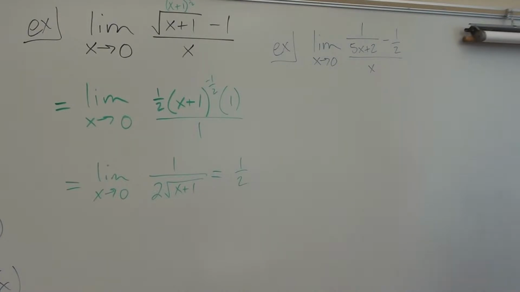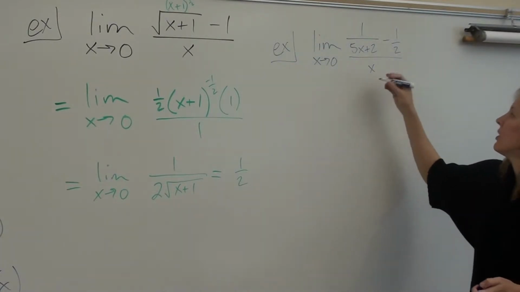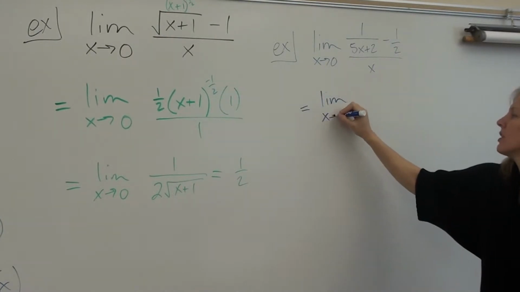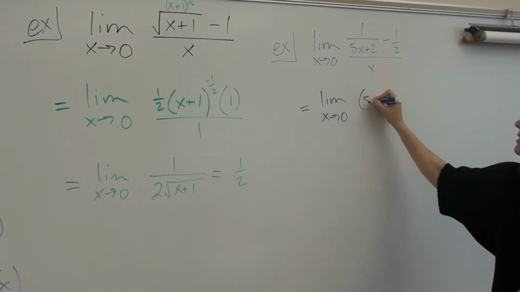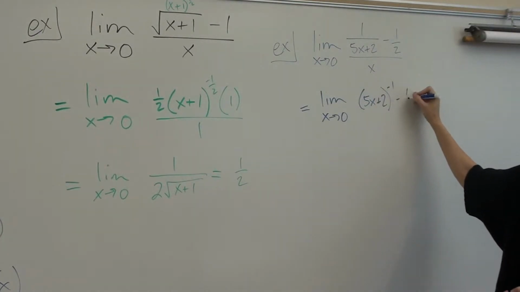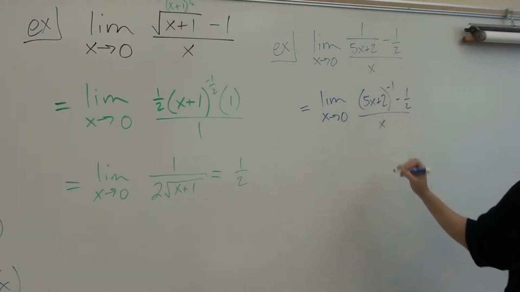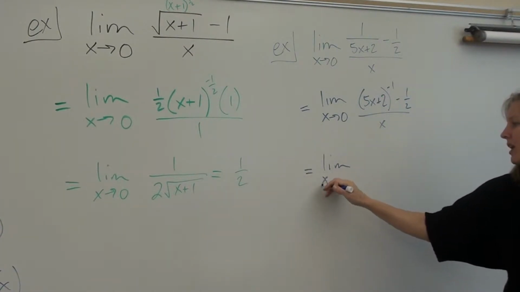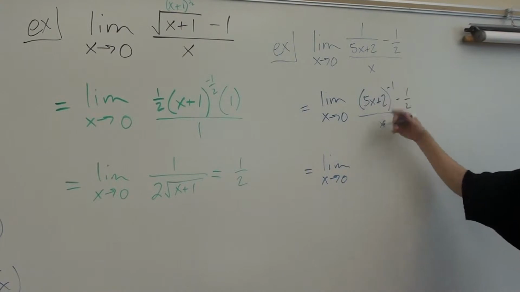All right, let's walk through it. Just to make my life easier, I'm going to rewrite this as 5x plus 2 to the negative first minus a half over x, right? Okay, so now I'm going to L'Hopital. I love using his name as a verb. So here we go.